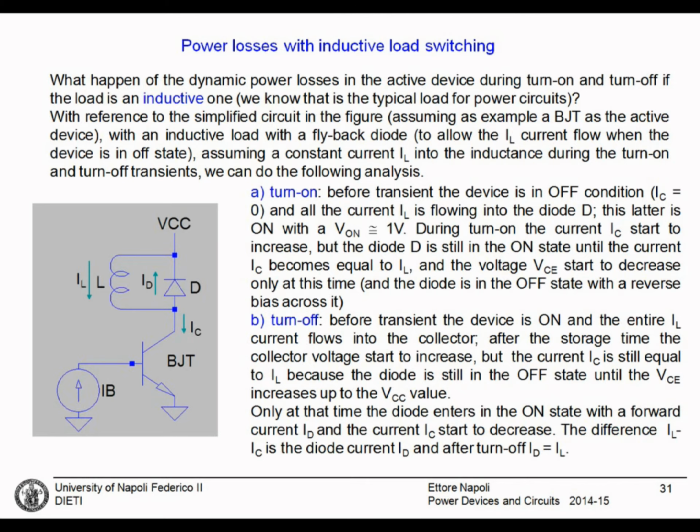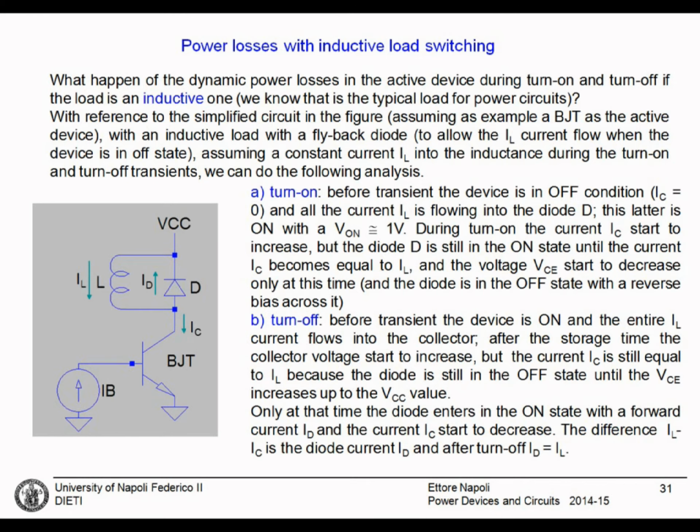At a certain point, the device is switched off. The gate or base voltage is brought to 0. The final result should be current going to 0 and voltage going very high.